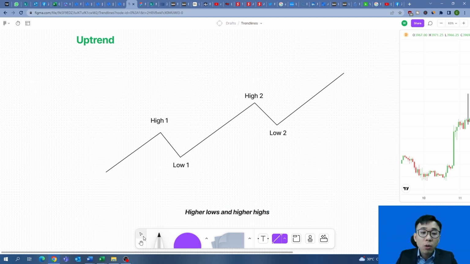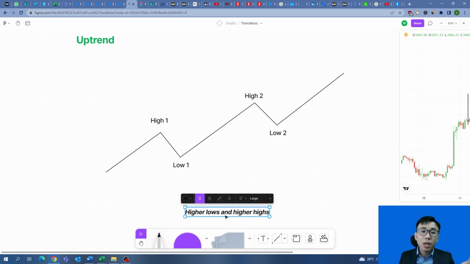Now, in order to categorize an uptrend, we need to always remember this. An uptrend means that it will have higher lows and higher highs. So what do I mean by that? As you recall, I said that the price moves in a zigzag, but in an ascending order.